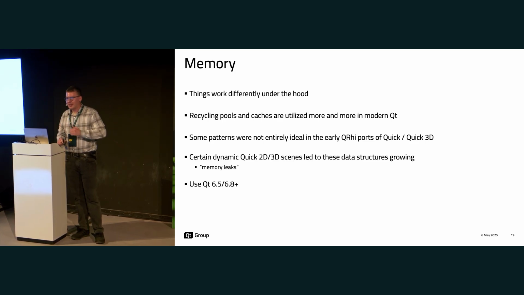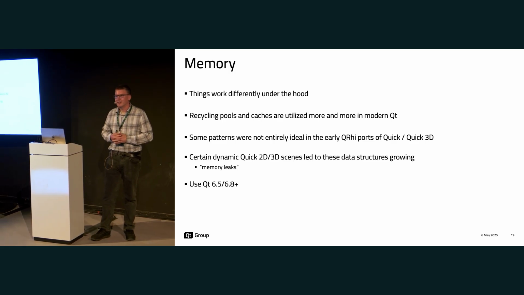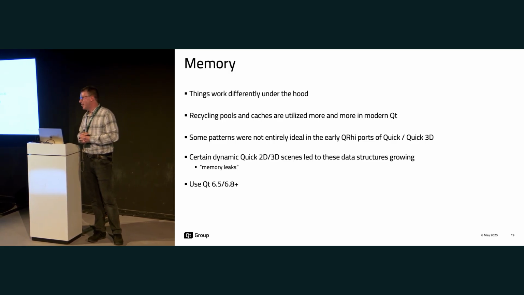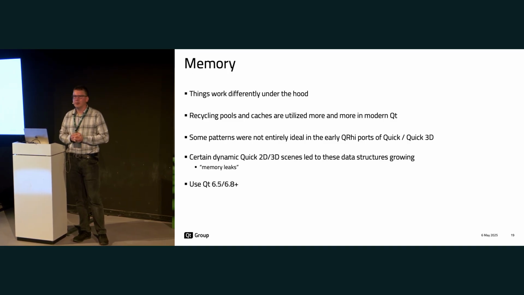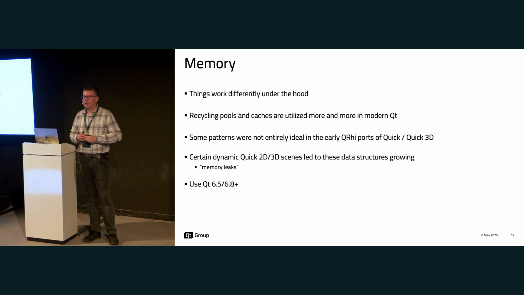There's a lot more of this in Qt6 compared to Qt5, and I guess that's expected for modern engines. But there were patterns which were identified to be not entirely ideal, because with Qt 3D, for example, dynamic scenes which were constantly changing in certain ways led to these internal data structures growing.